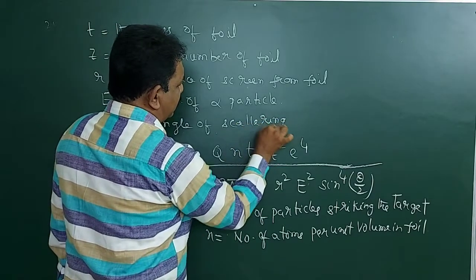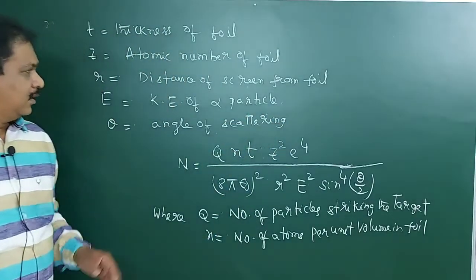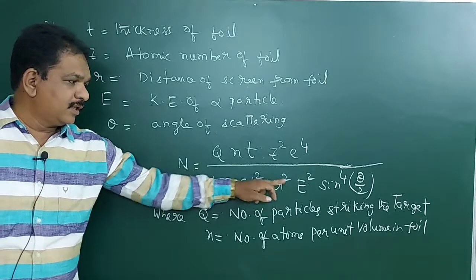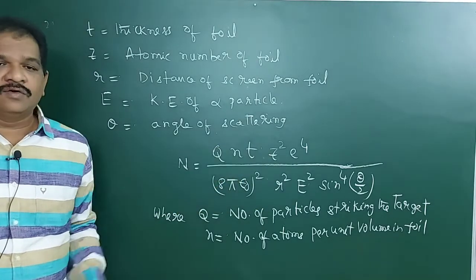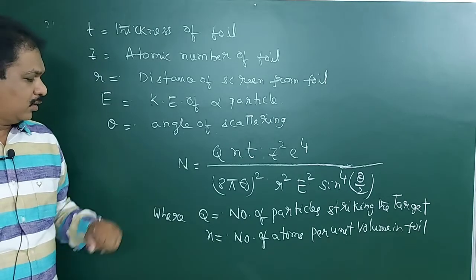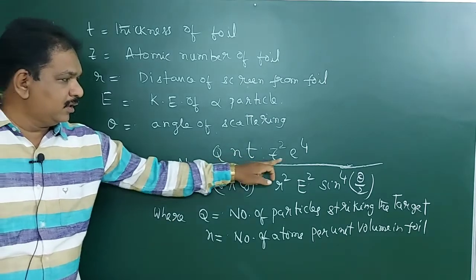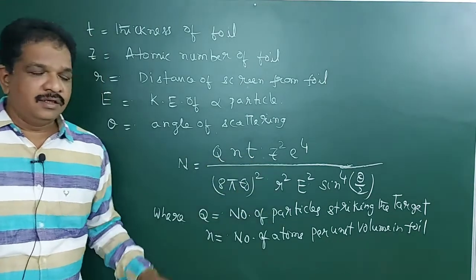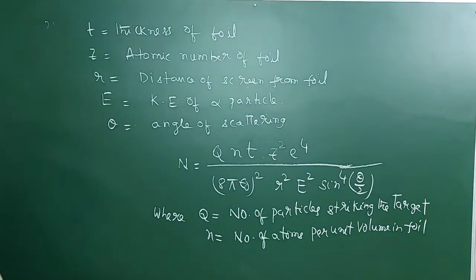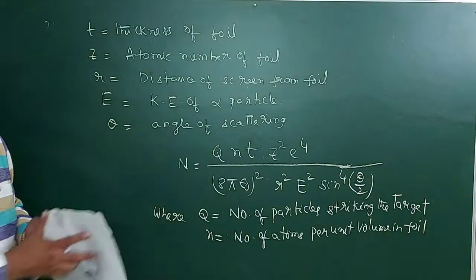There is a chance of asking: this N value is proportional to r how much, E how much, theta how much, like that questions will be there. This is the formula. Q, N, t, Z, r, E, theta. Okay. Next, in this one more formula will be there.